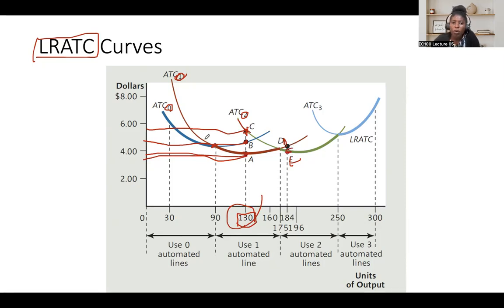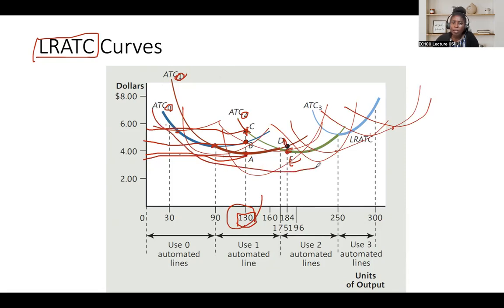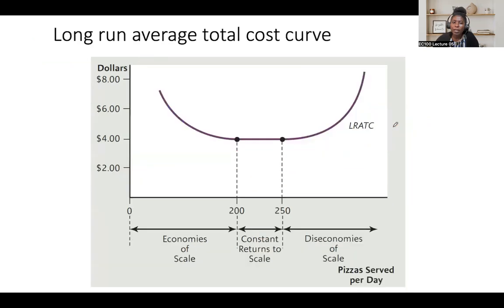If you have many levels of output and many options, imagine you have a lot of options of mixing and mixing and mixing. You will keep on taking the lowest, the lowest, the lowest. So you will end up with a big U-shaped curve, which is this one.